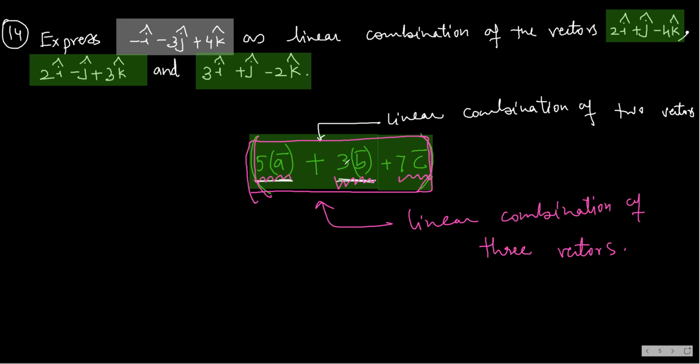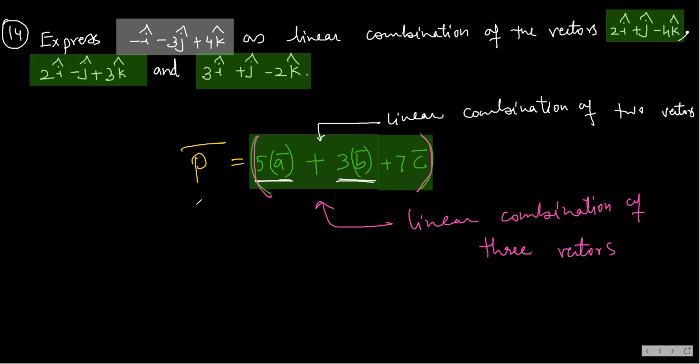When these three vectors are added, they give me the linear combination of three vectors. This will definitely be some vector, and I write that as P bar. So 5a bar plus 3b bar plus 7c bar will be some vector, and I write that vector as P bar.